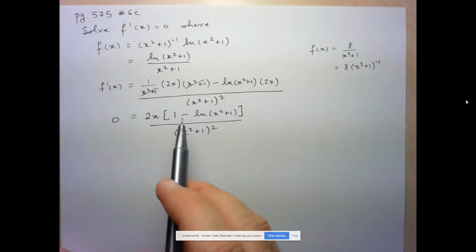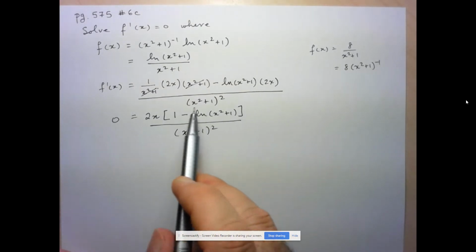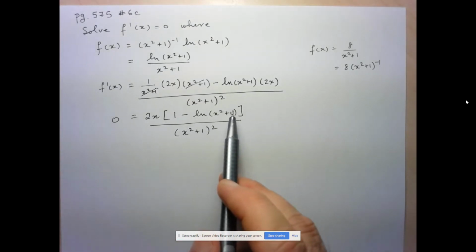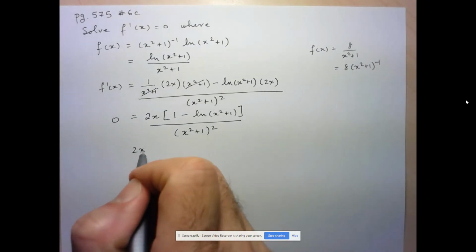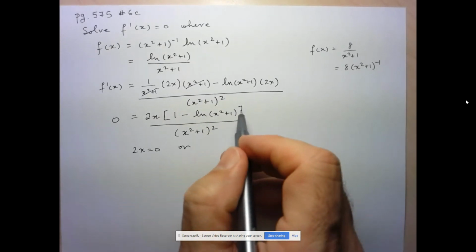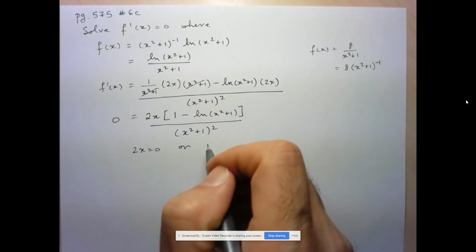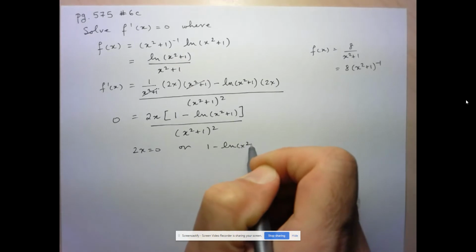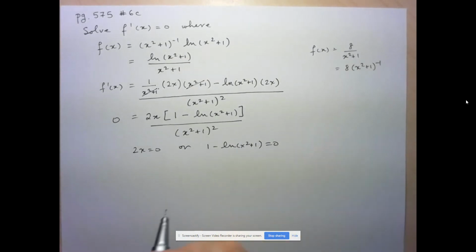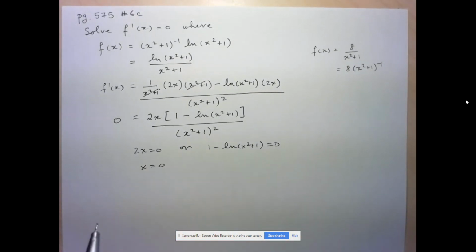Okay, so since it's a fraction equal to 0, we only need to determine where the numerator is equal to 0. So here we have either 2x is equal to 0, or this expression in the bracket, 1 minus ln x squared plus 1, is equal to 0. So this is nice and easy. x equals 0.